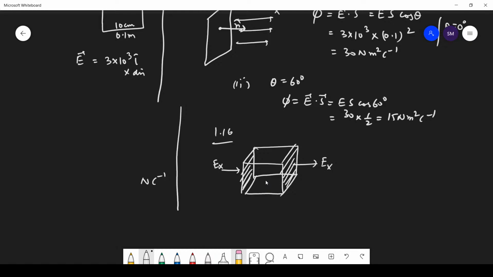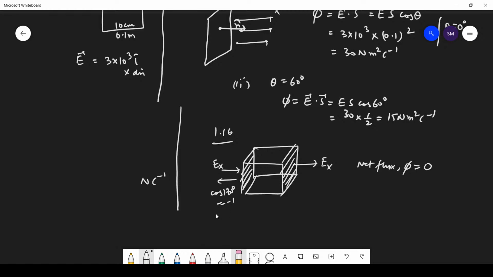So here the flux entering this face on the left hand side is equal to the flux leaving the other face. So the net flux through the cube is 0. And if you want to understand it mathematically, this is the area vector of this face. So the angle is here 180, and cos 180 degree is equals to -1.